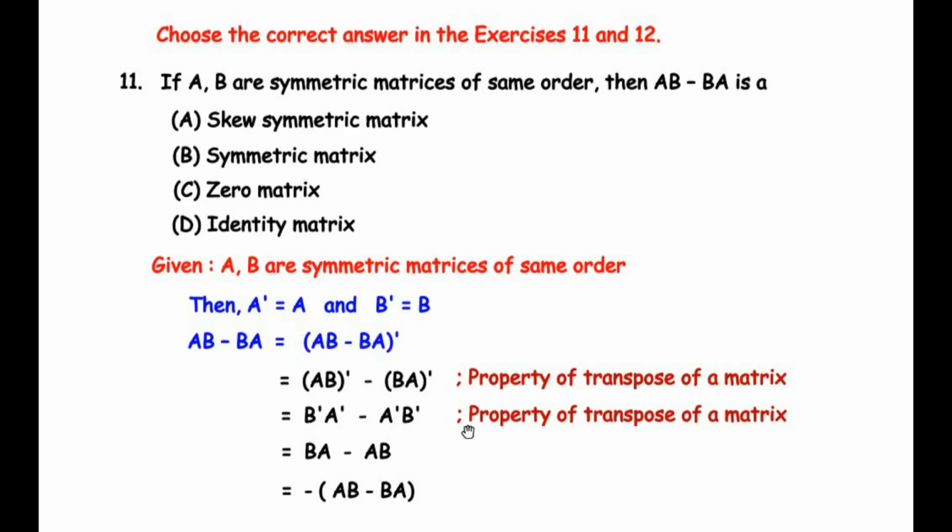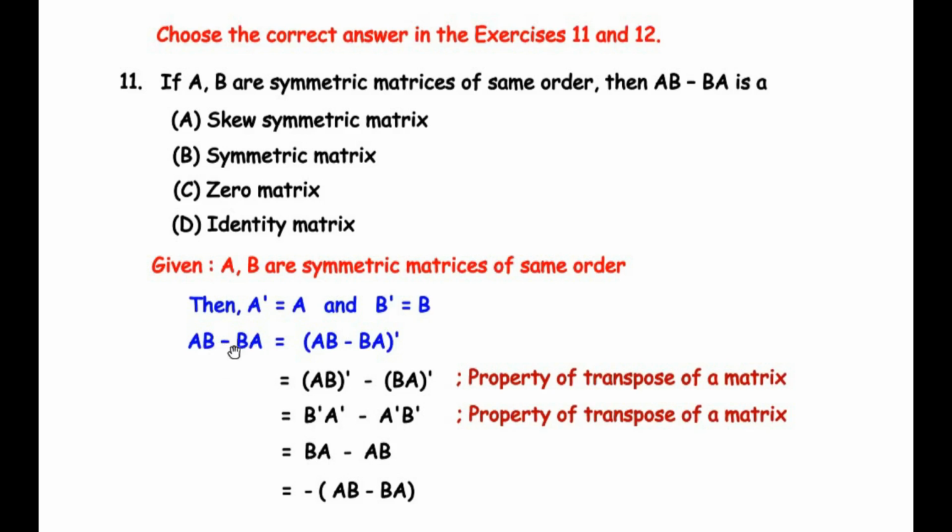Now another property is used, where when we take the transpose of a product of two matrices, the transpose of the second matrix comes first. So we get B transpose times A transpose minus A transpose times B transpose. Now we already have A transpose and B transpose as A and B. So substituting, we get BA minus AB.